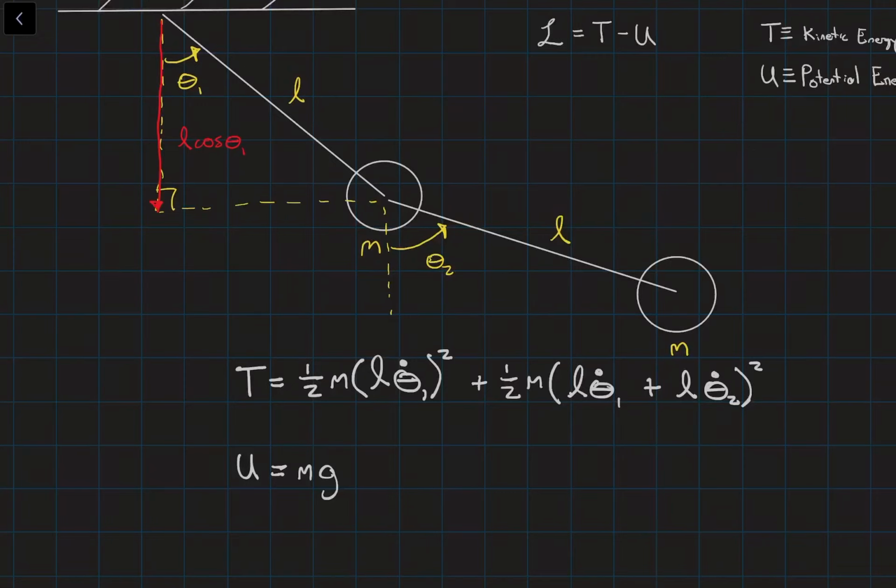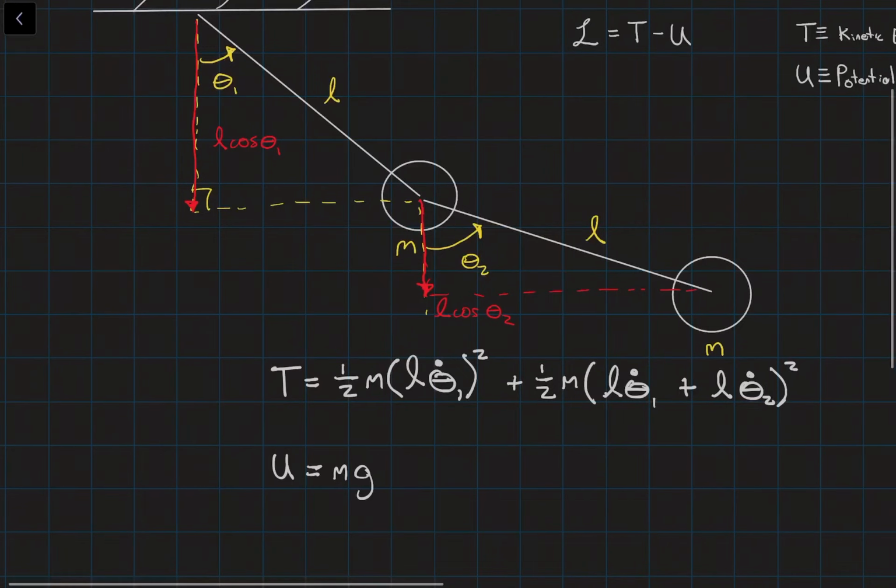And we can do the exact same treatment for our second mass. This height is this little displacement vector here. This is just L cosine theta 2. So something that I find particularly tricky with this, or at least I did at first, is getting the sign right on the potential energy.